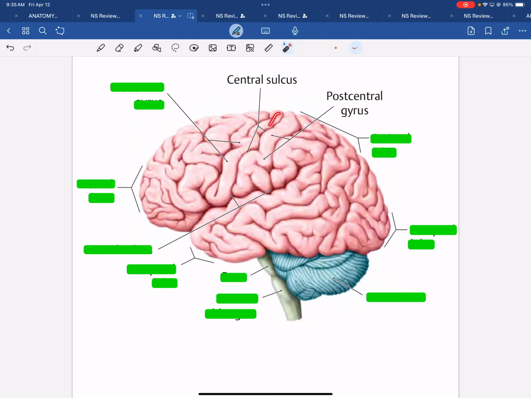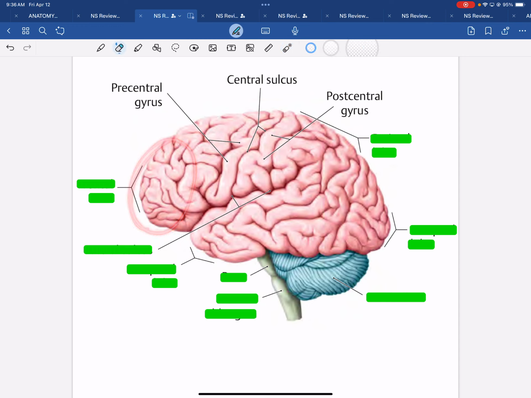What is this gyrus? Good, the precentral gyrus. What's the function of the precentral gyrus? That's a primary motor center. Right, contains primary motor cortex. What about the postcentral gyrus? Is it motor or sensory? Yeah, contains primary somatosensory cortex.